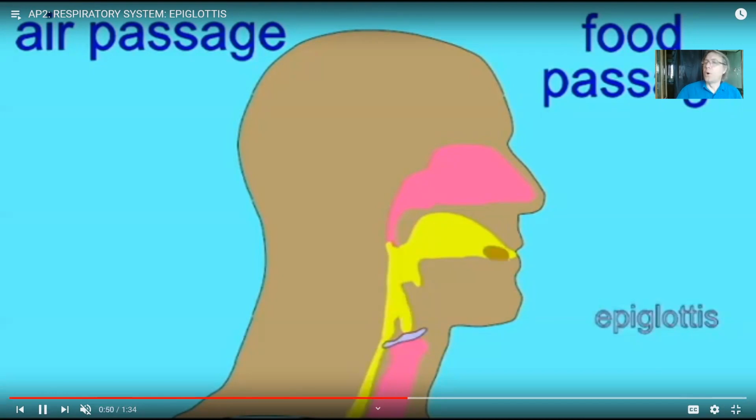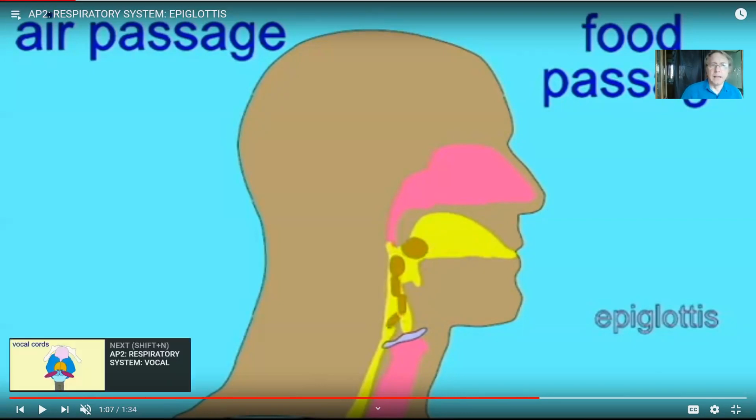And part of the swallowing reflex is that when we swallow a bolus of food, the epiglottis closes over the glottis so that going into the larynx and trachea is simply not an option for ingested food. It is directed into the esophagus. And so the cartilage known as the epiglottis is vital to prevent us from having food go in the wrong passageway and thus become lodged in our airway.